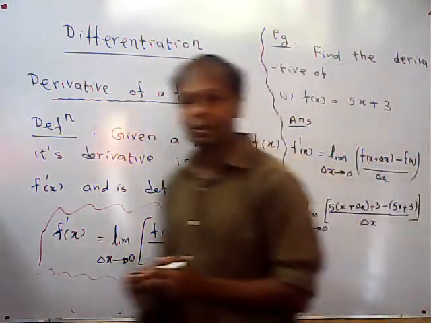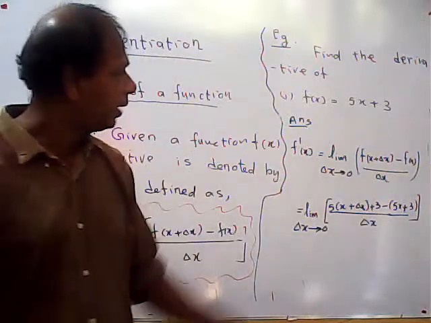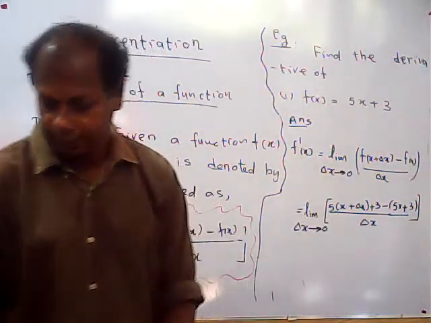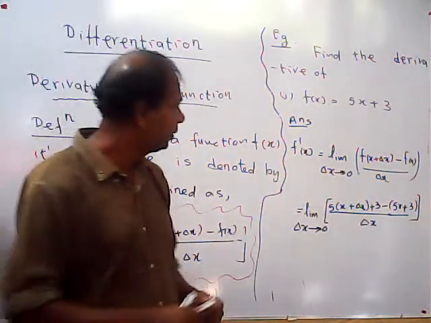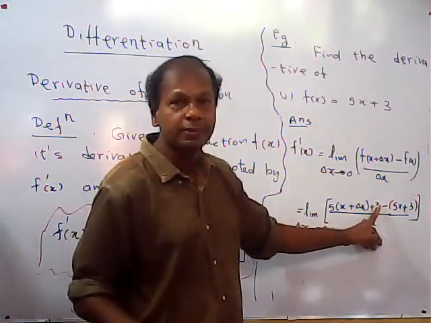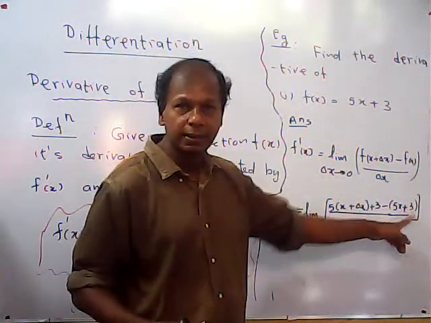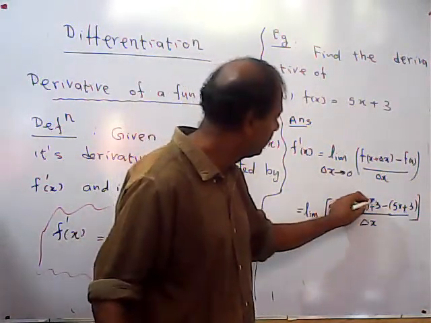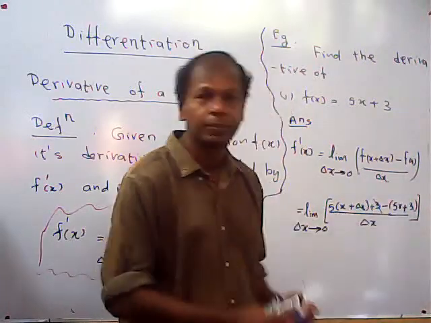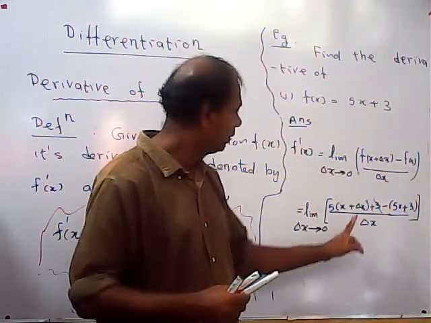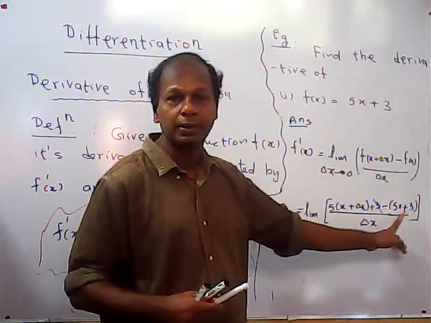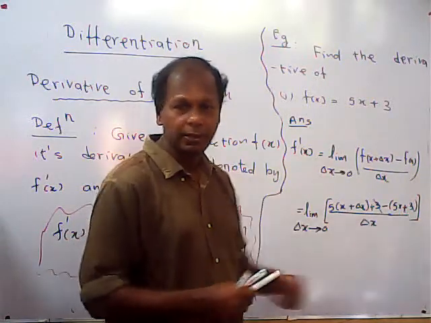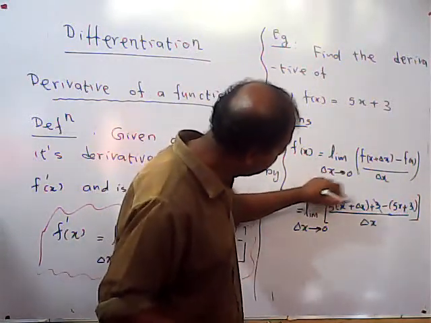Now look at this and see what you notice here. This plus 3 and minus 3, they get cancelled. And this 5x and this minus 5x, they get cancelled.